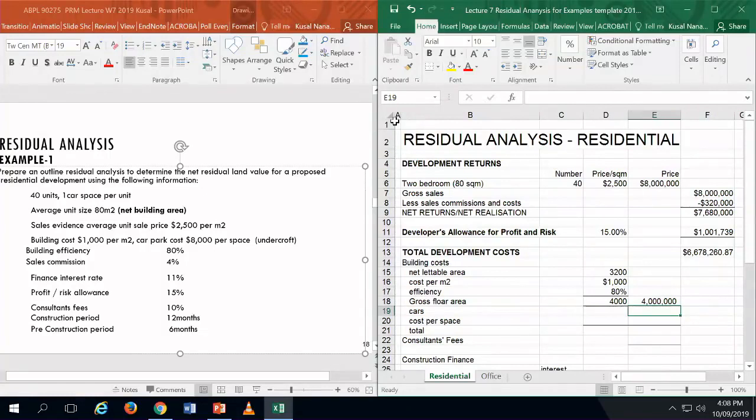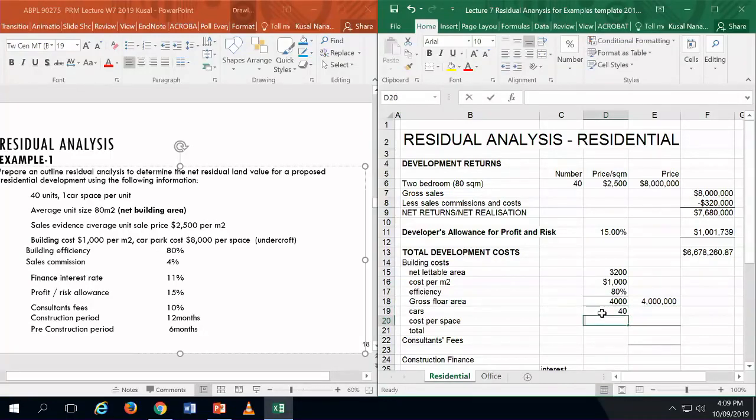That's clear. Net floor area means the amount we can rent or sell. But when we build it, we have to build the circulation area as well, 20%. Right. So the building cost is $1,000 per square meter for the gross floor area. Then how many car spaces? 40.